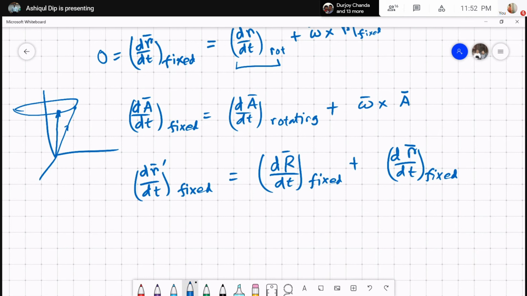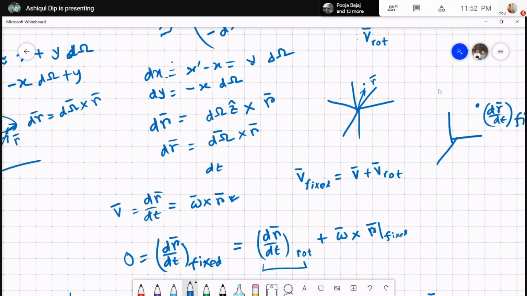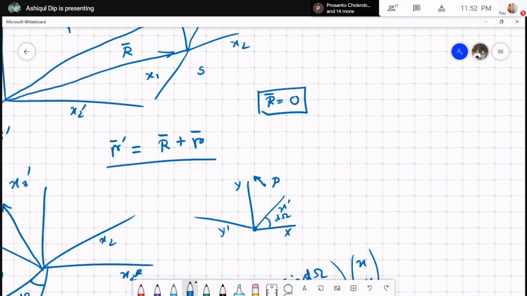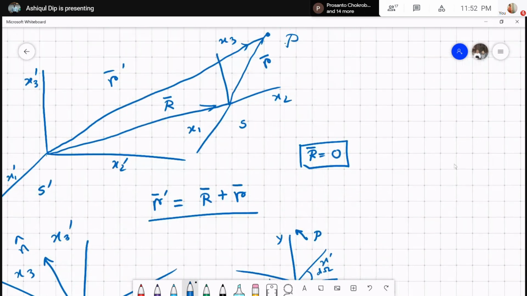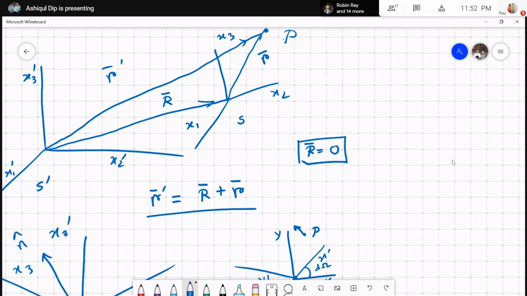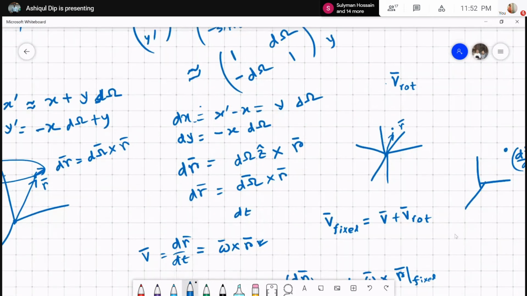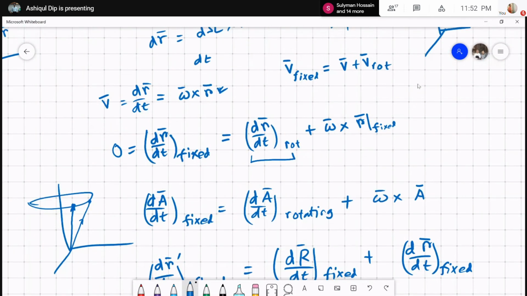You remember? Omega cross. No, this is the operation d/dt on the fixed coordinate. This is the operation we have applied on both sides of this relation. We are generalizing everything. So on both sides, it becomes the derivative with respect to fixed.